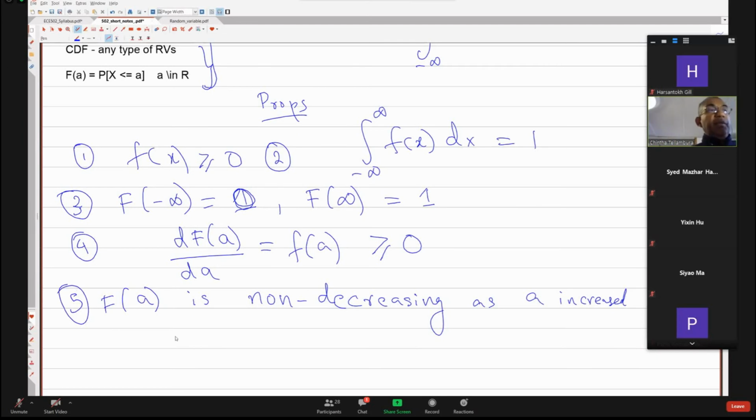In other words, another way to say that is if some A is greater than B, so these are real numbers, right? Okay, not complex or anything. Real numbers. If A is greater than or equal to B, then F of A is greater than or equal to F of B. Okay, so these are the critical properties of the PDF and CDF.